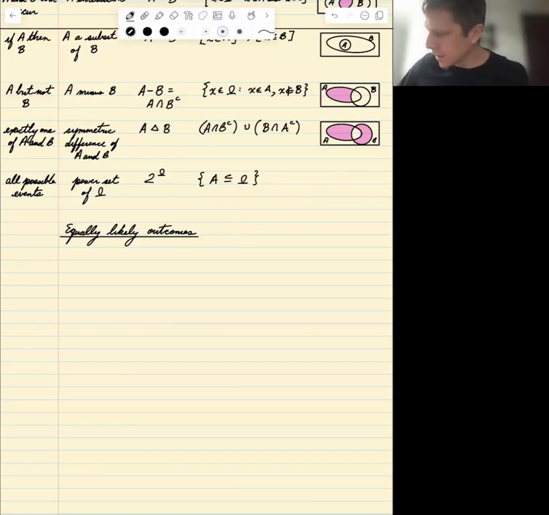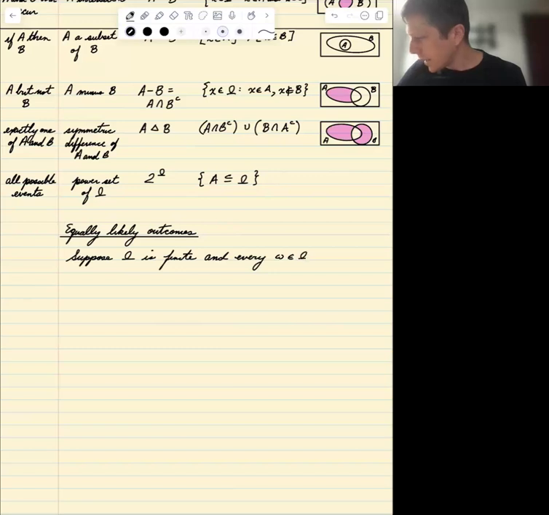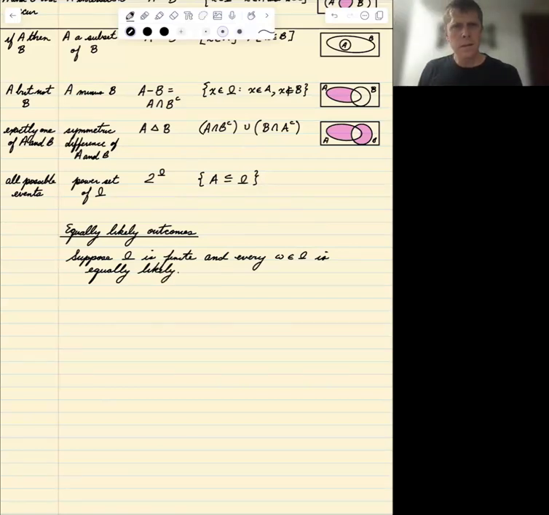So to start, we're going to suppose omega is finite, and that every omega is equally likely, meaning that it occurs with the same frequency.